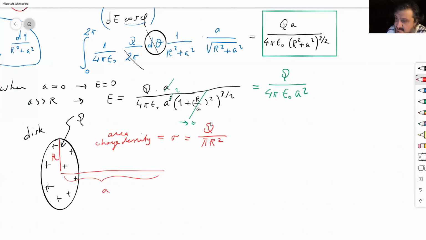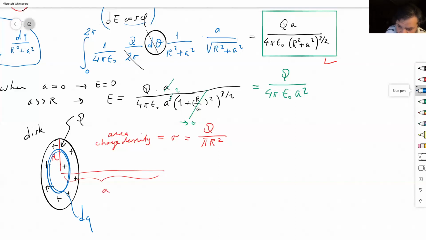Now what I know is this over there. That is for a circle. So I'm going to consider a circle around the center, a ring. This is a ring, a very tiny ring, but it carries some charge on it, right? That charge will be my dq. Now, how do I find dq in terms of sigma?